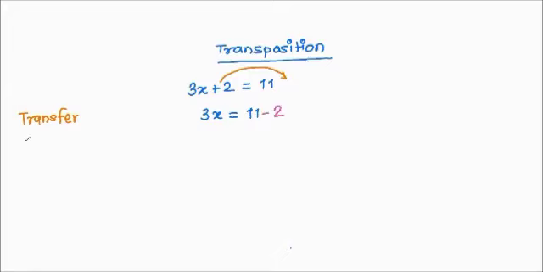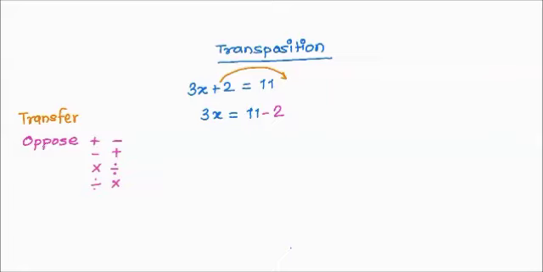So that is oppose. Plus becomes minus, minus becomes plus, multiplication becomes division, and division becomes multiplication. Transfer, oppose. So as transposition, you can remember it as transfer and oppose.